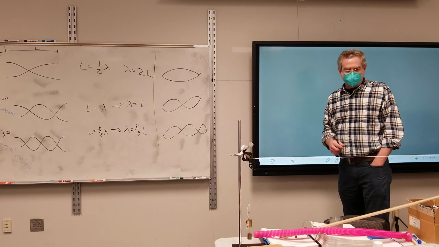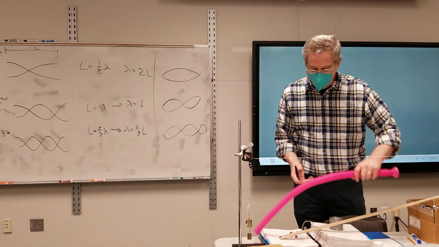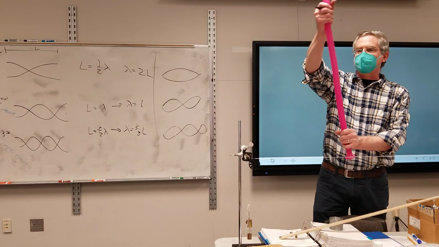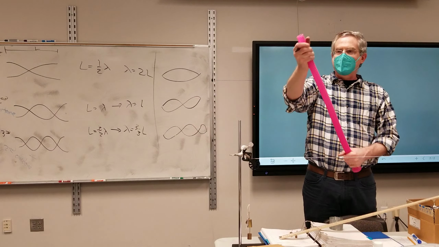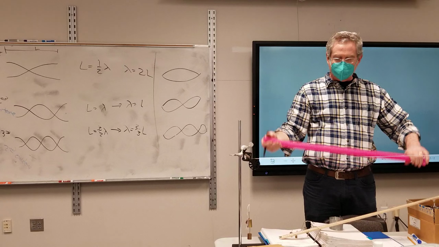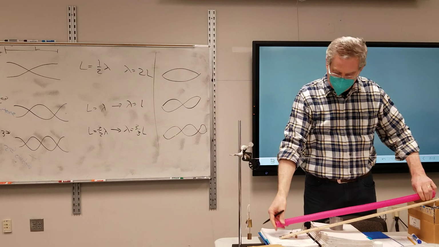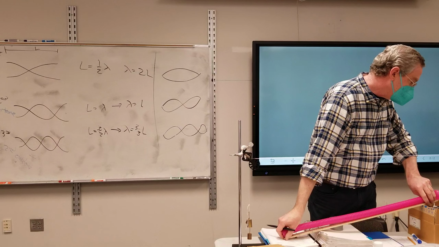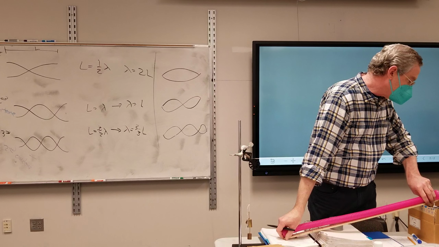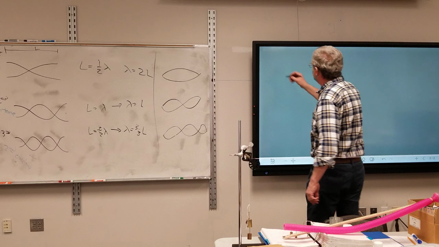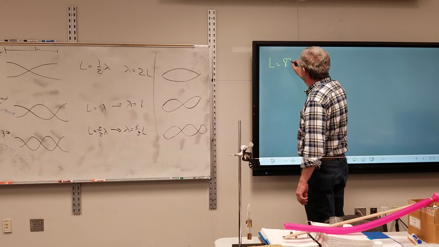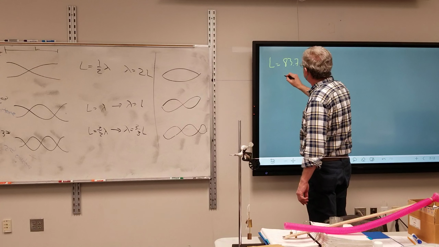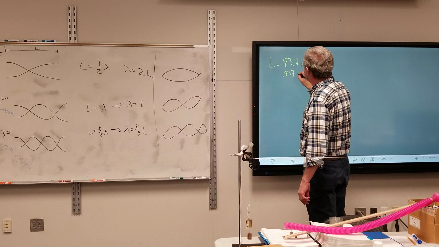All right, so let's make our predictions here. The length of this, I'm going to stretch it just a little bit because I want it straight, but also it does stretch out a little bit as I swing it. And I've got 83.7 centimeters. So L is 83.7 centimeters, or 0.837 meters.